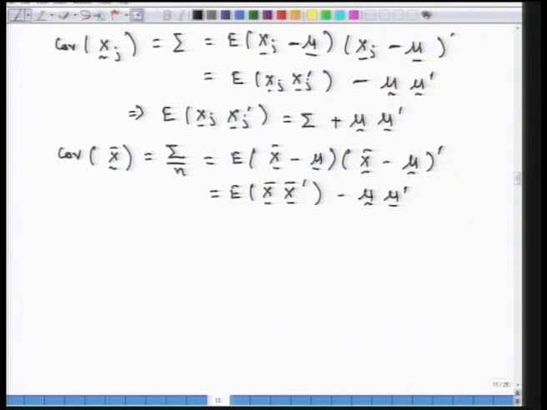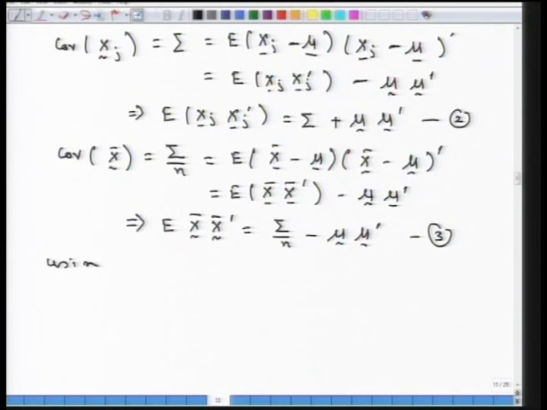So we will also have that the expectation of x̄ x̄′ is equal to sigma by n plus mu mu′. So this is one that we are going to use, and this is one we are going to use. So we will use 1 and 2, or rather using 2 and 3 in 1.